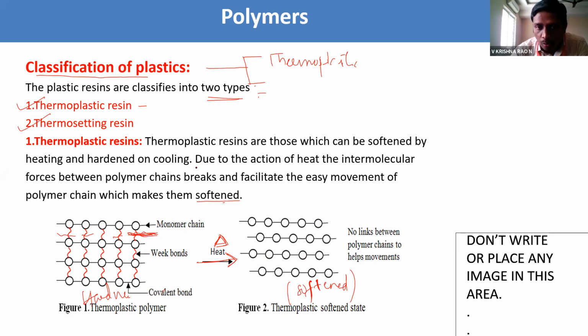Here there are no intermolecular forces between these polymer chains. The rubber we obtain by heating is called softened rubber. These are softened by heating and hardened on cooling.